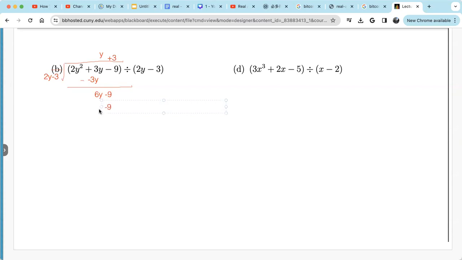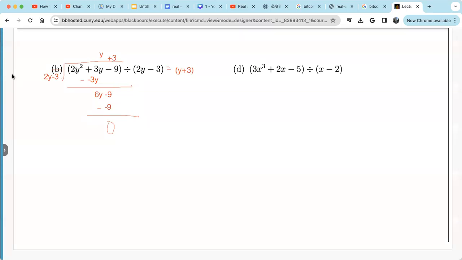Then we subtract. Subtract -9, we get 0, right? So this one equals y plus 3. No remainder. No remainder means the dividend can be factored as 2 factors. One is the divisor, one is the quotient.